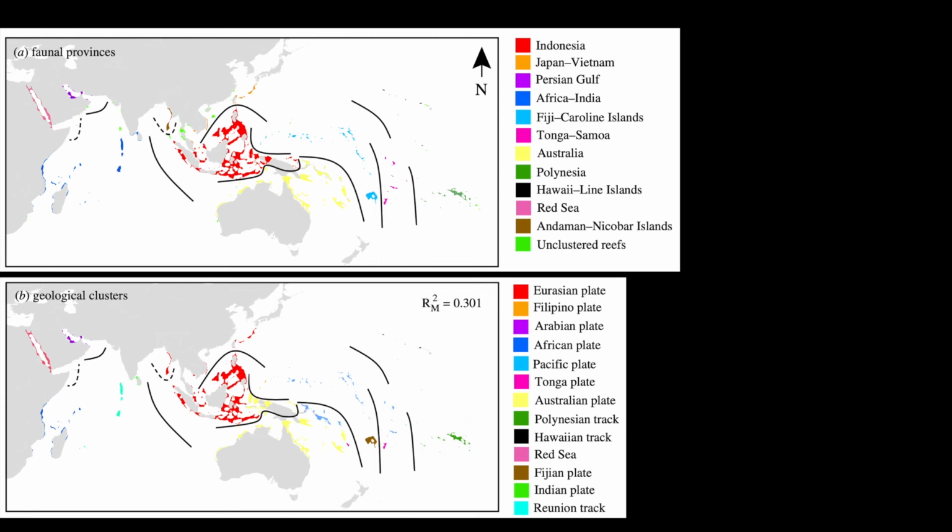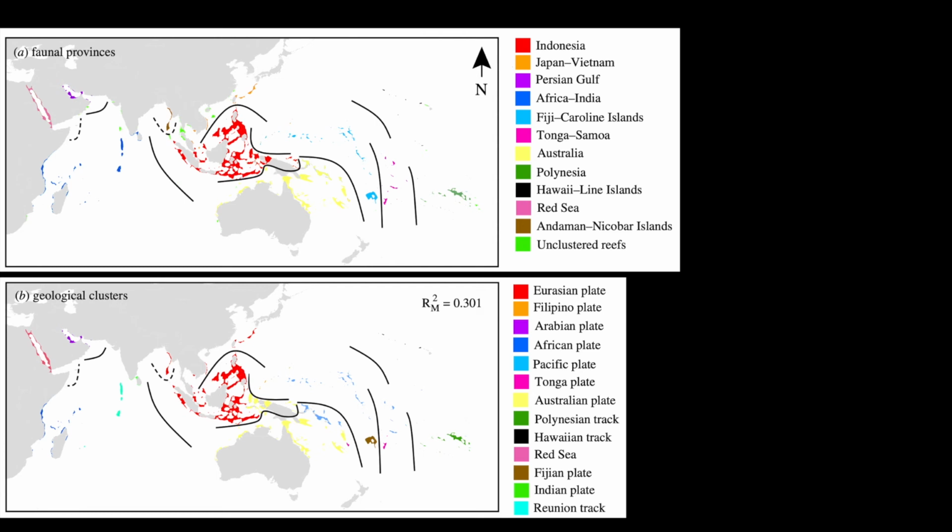But those boundaries can also be found in the marine environment. For example, in the case of coral communities, we also have faunal provinces in them.